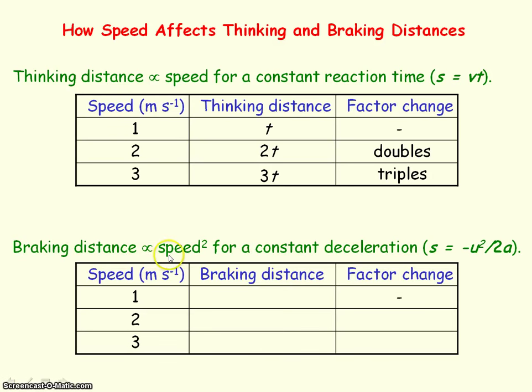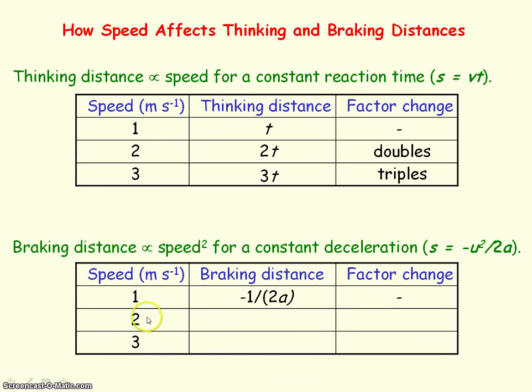Braking distance is proportional to speed squared, where s is the braking distance, which is equal to the initial speed squared divided by 2 times the deceleration of the car, the minus a. So when speed equals 1 meter per second, we substitute u equals 1 here, we will get s is equal to minus 1 divided by 2a.